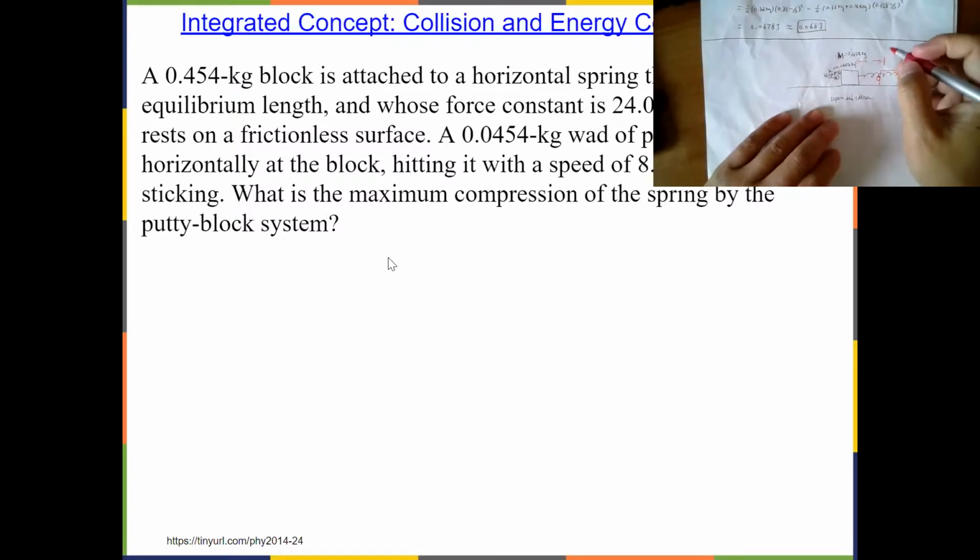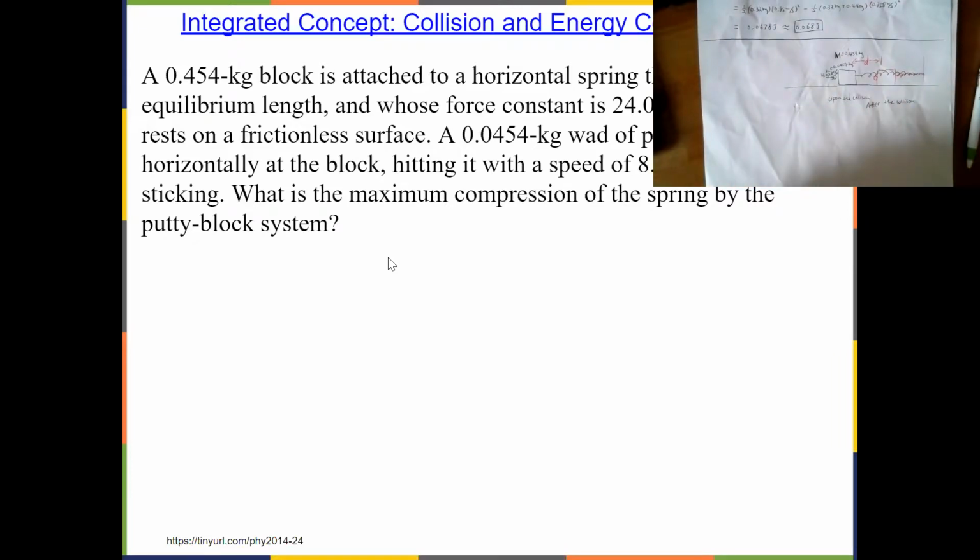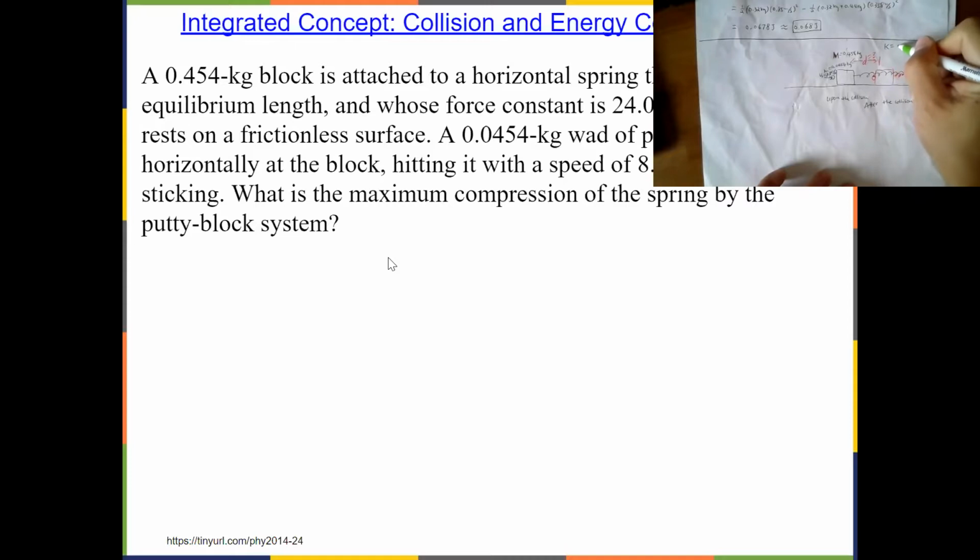Let me call that D. So this happens after the collision. There are actually two parts of the problem. The first part is on the collision. We're looking for that D, and we know that k, the spring constant, is given as 24.0. I think we have everything indicated over here.